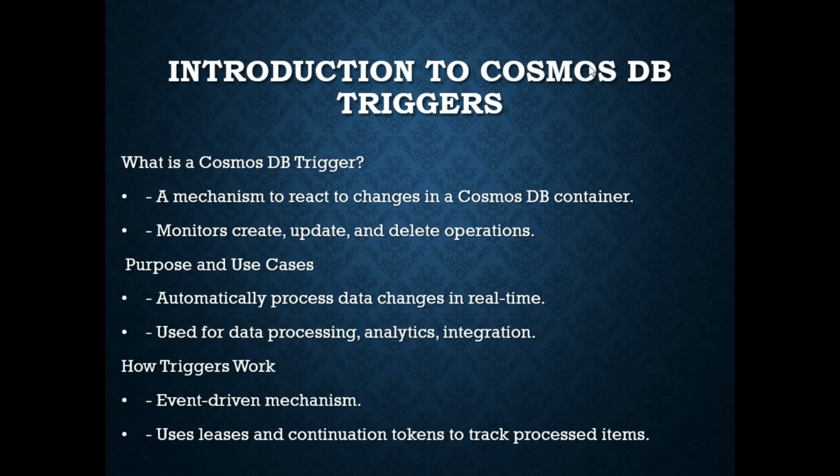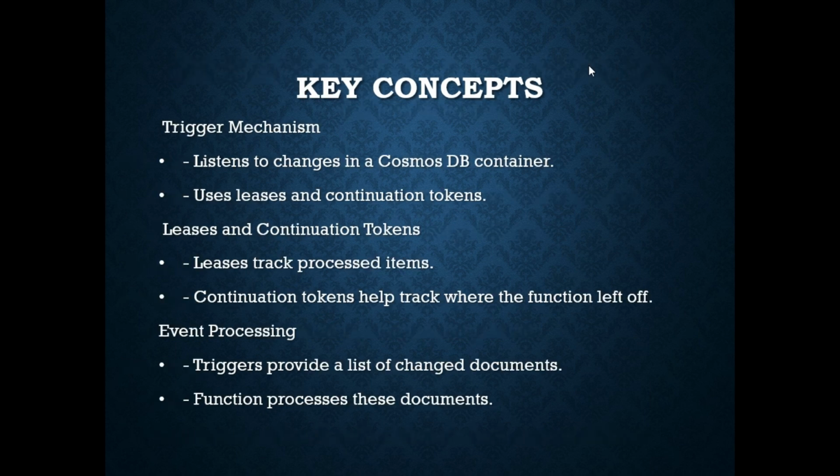So one kind of synchronization mechanism can be implemented using Cosmos DB trigger. Basically it's used for data processing, analytics, and integration kind of work. So how does this work? We will see in more detail how it works, and it basically follows the event-driven mechanism. We will see when we implement the examples.